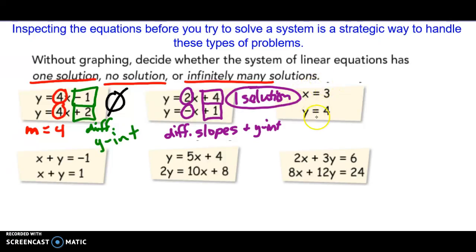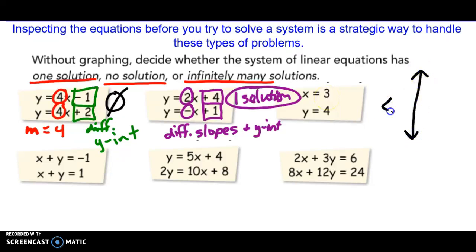Let's look at our third example here. x equals 3 and y equals 4. Remember, this is the tricky system because it doesn't look like my equations are in two variables. But I also remember that x equals 3 means that my x value is always 3, no matter what my y value is.